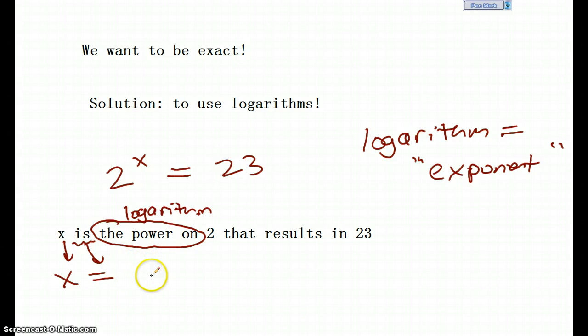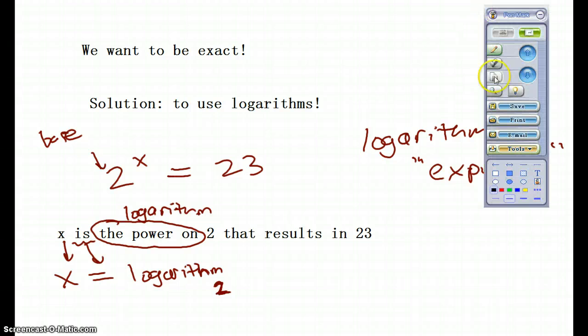So the way we typically write that is, we would say, is the logarithm on 2. Okay, so 2 is my base, right? 2 is the base in this situation. So to indicate that it's the base, I'm going to put it as a subscript. Now, a subscript is just a value that is below or at a lower level than the word that we're trying to describe.